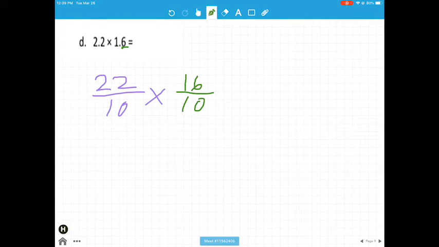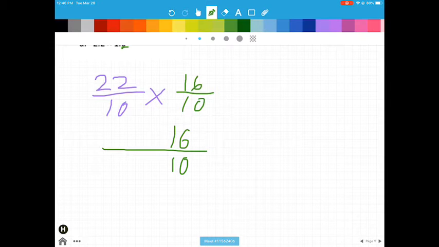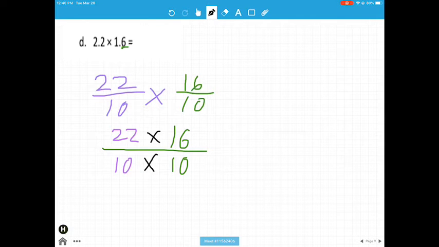All right. So now we're going to go to the next step. We have our 10 and our 16 over here, and our 22 and 10 over here, and we're actually going to multiply them. So hopefully you see that we're going to get 100 on the bottom, so our answer is going to be in the hundreds.